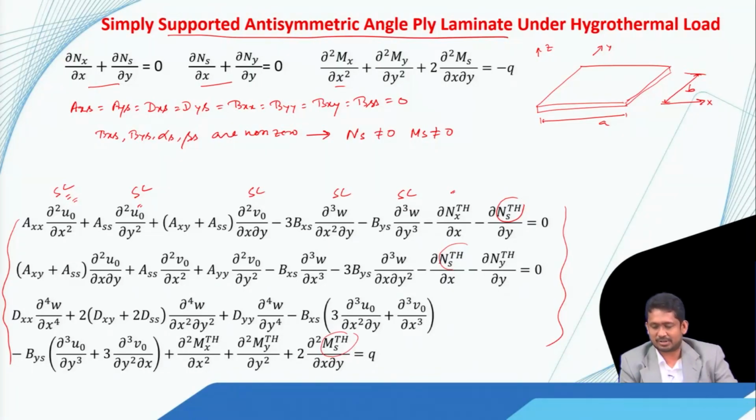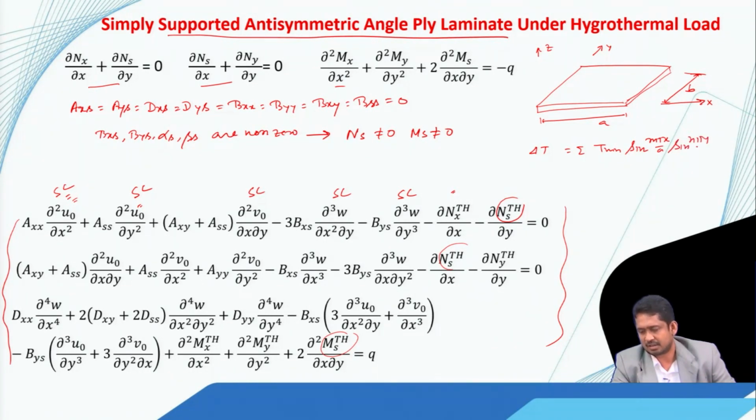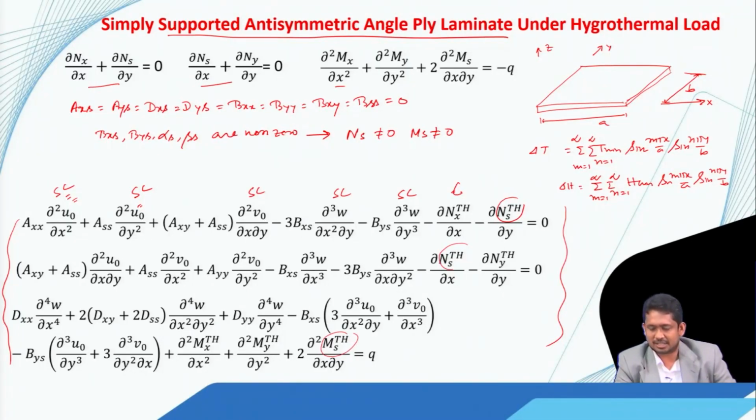But here our delta T, if we assume delta T as Tmn sin(m pi x by a) sin(n pi y by b), and similarly if we assume delta H like we did before, with n equal to 1 to infinity, m equal to 1 to infinity, Hmn sin(m pi x by a) sin(n pi y by b), then this term is a cosine sine term.